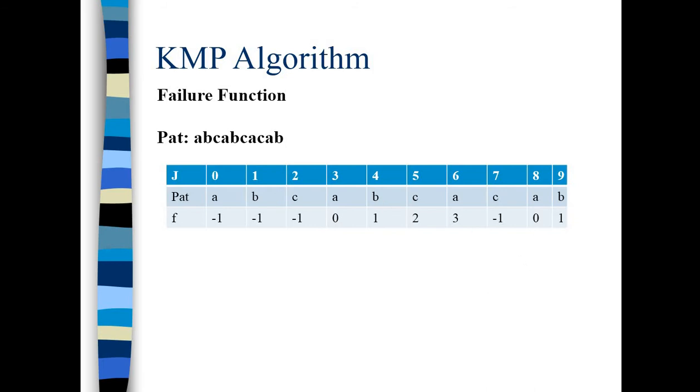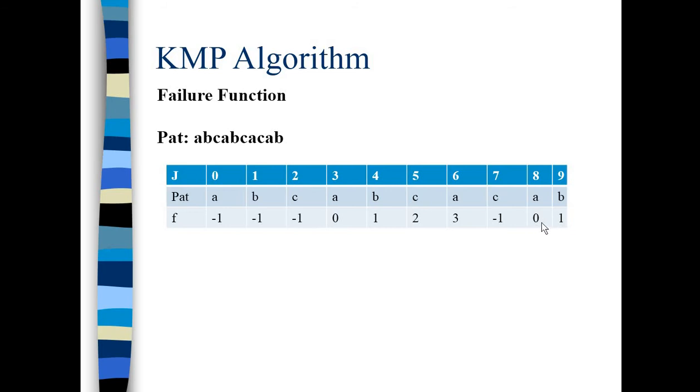Okay, so the next one, again from the beginning we have to do the matching. Here A is matching with the first character, so 0 we will put here. The next one, after A, B is there, so the 0th and first characters are matching with the 8th and 9th characters, so it will be 1 here.